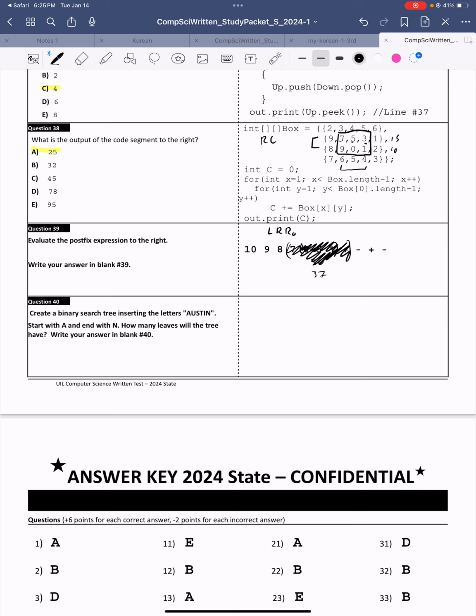And then 8 minus 37, which is negative 29. Then you're going to do 9 plus negative 29, which is negative 20. And then you're going to do 10 minus negative 20, which is 30. So the answer is 30.